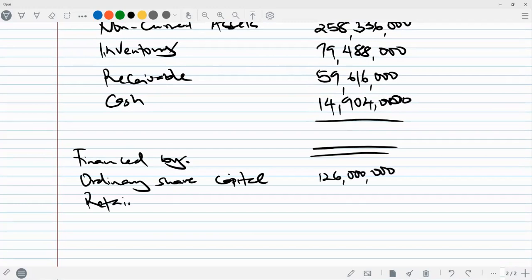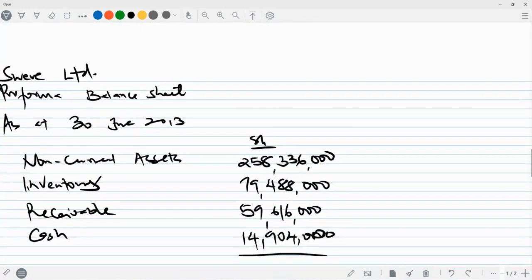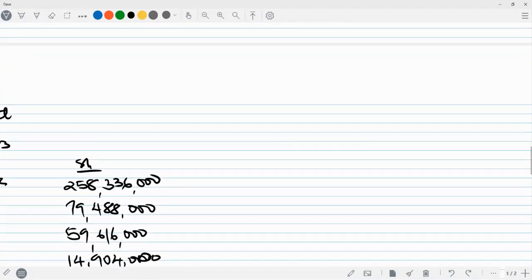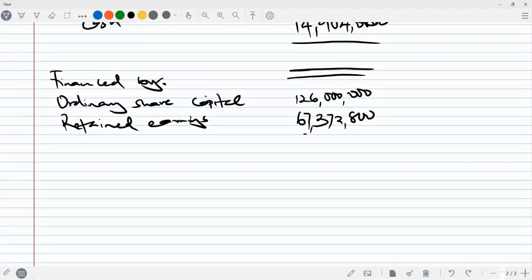Then you have retained earnings to give us part of equity. Retained earnings from the working above, we got 67,372,800, and that gives us the total equity.